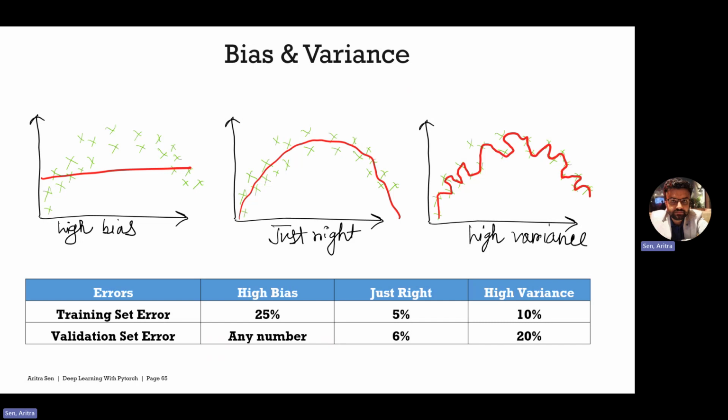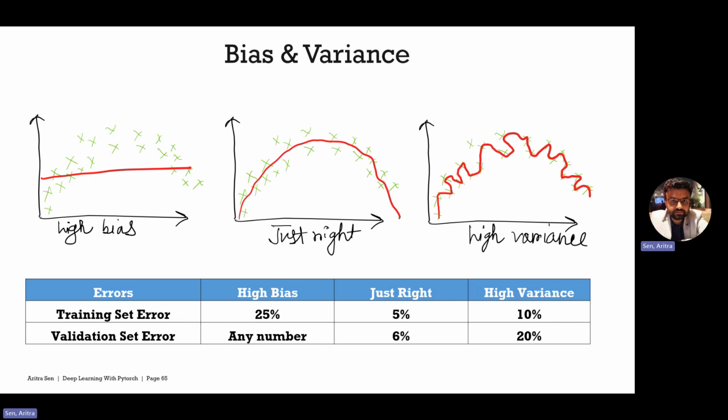So when our training set error is, say, 25%, right, in that case, your model itself is not working on the training data set. So in that case, we will call that model as having a high bias, right? So it doesn't matter what it is performing on the validation data set, because it is not learning in the train set itself, right?